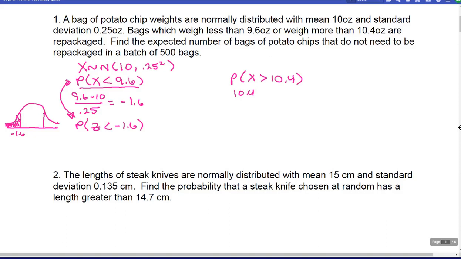Do you see how this area over here is going to be exactly the same size? Yeah. Now, if I use symmetry and do 1.6, if I were to find the area below this and then subtract it from 1, it's 1 minus the probability that z is less than 1.6.